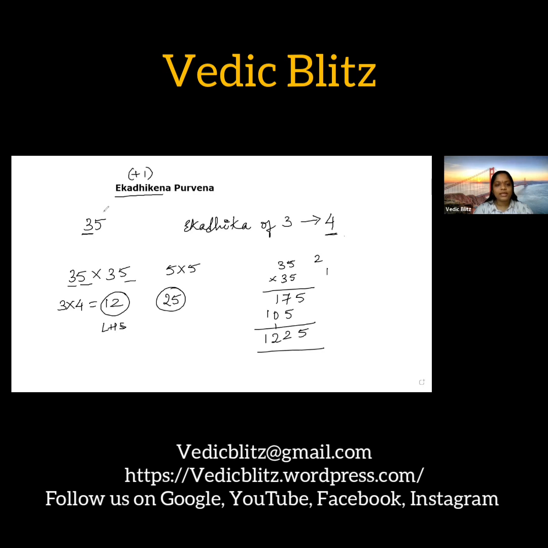So 35 square will be the combination of your LHS and RHS. That will be 1225. We can get the answer within a few seconds. This is the technique of Ekadhikena Purvena, and it is a very easy technique.